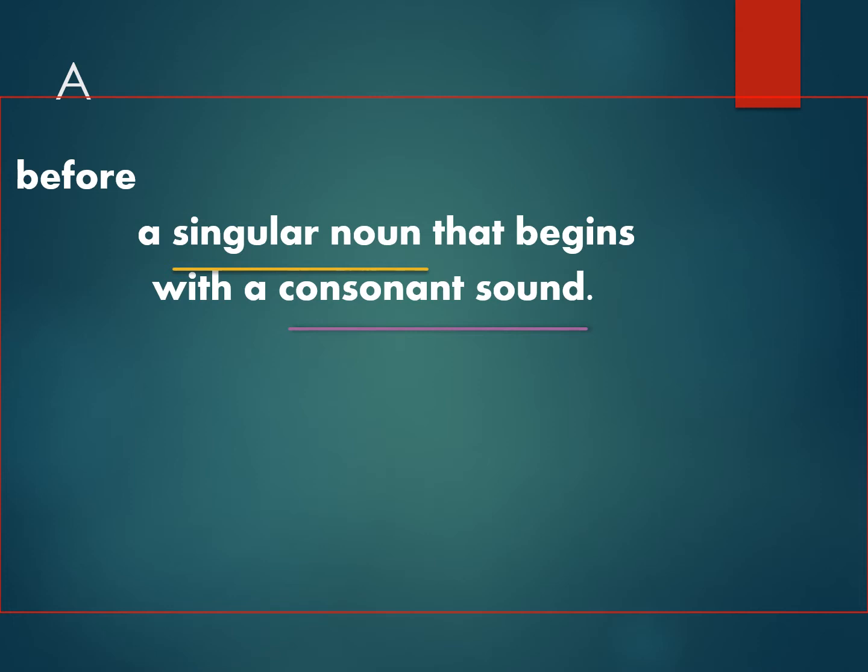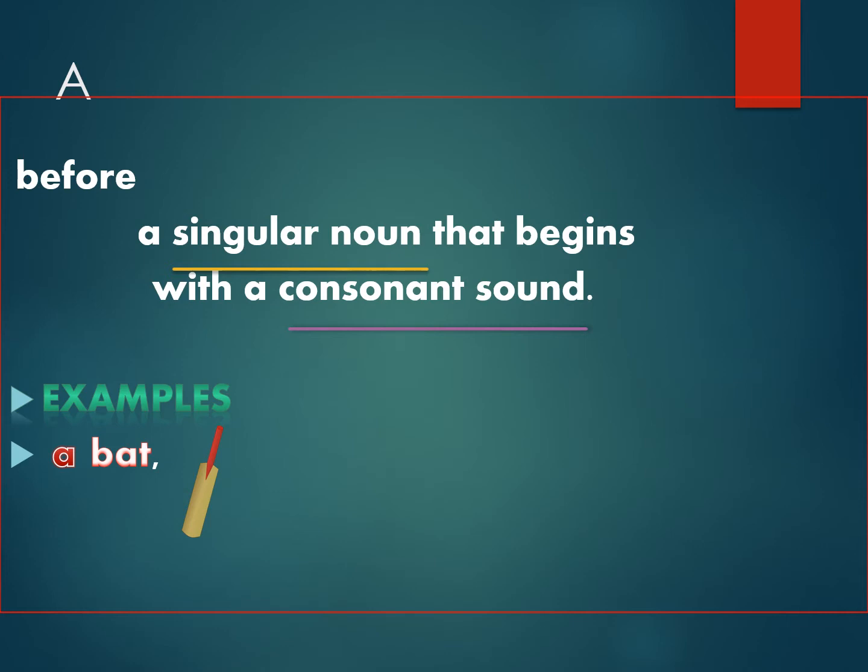So let's see the examples. A bat. So here the noun is bat. The first letter of bat is B. It is giving the sound b.